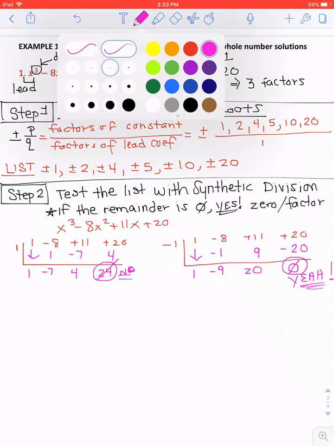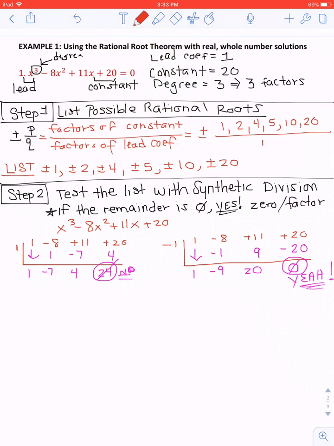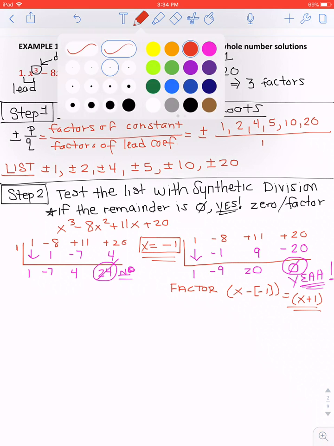Okay. So if x equaling negative 1 causes a 0, then we have a factor of x minus negative 1, or x plus 1. So, step 3.